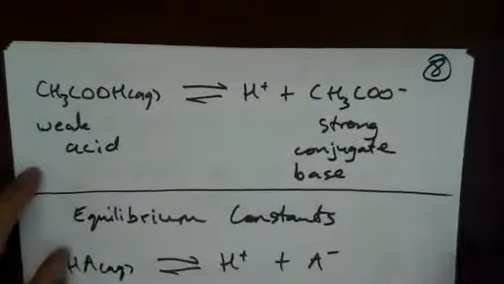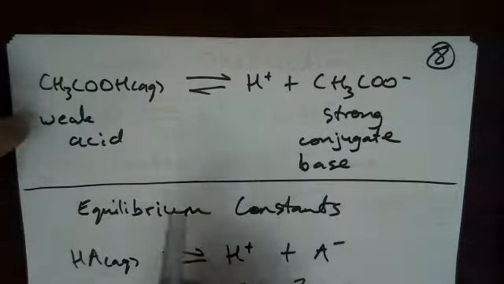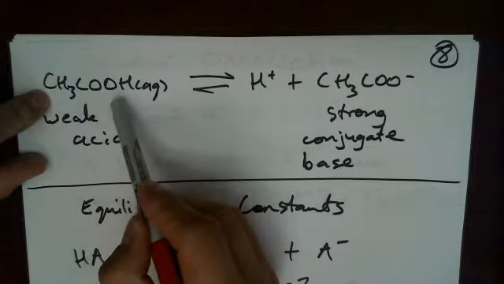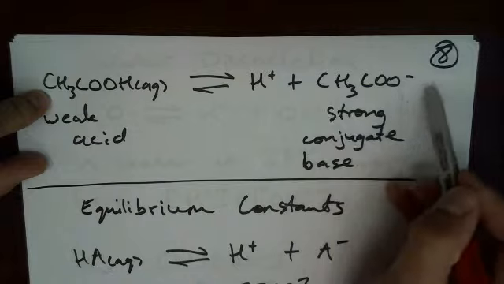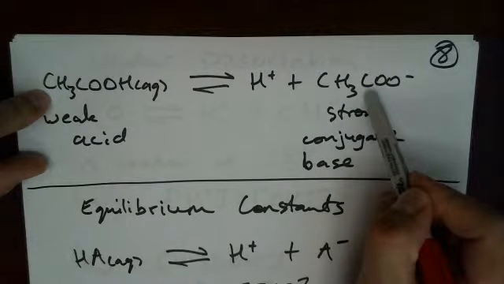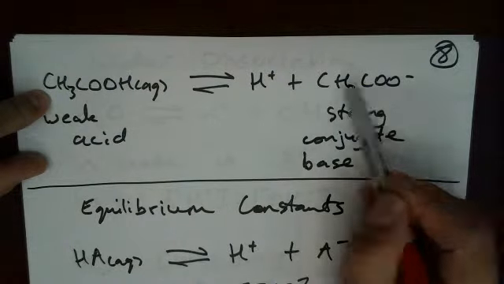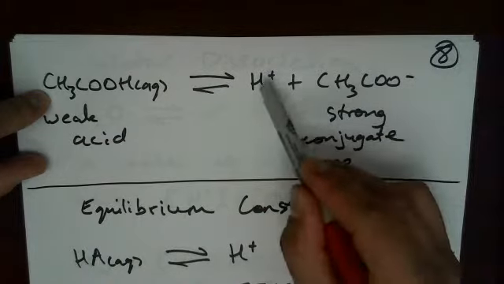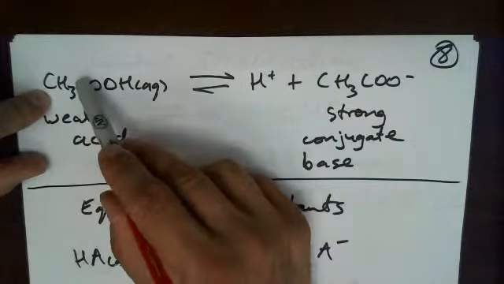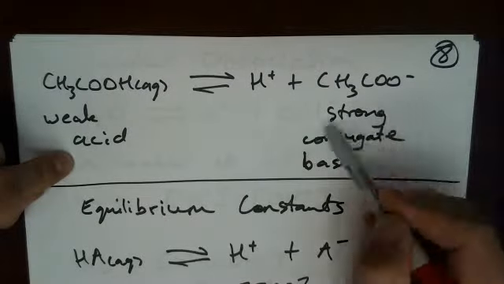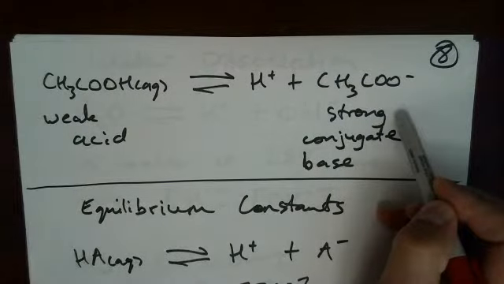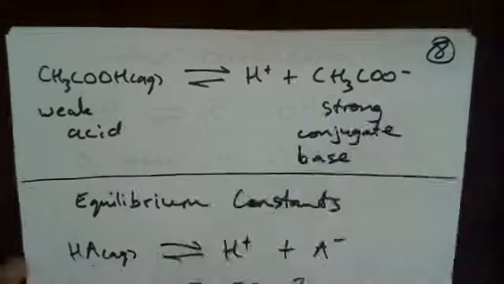If we look at the acetic acid, the only way that this can be a weak acid is if this is a very, very strong base. If this is a very, very strong base, then it will rapidly accept that proton to form this. So again, we know that this can only be a weak acid if the conjugate base is very, very strong. That's probably enough of that.